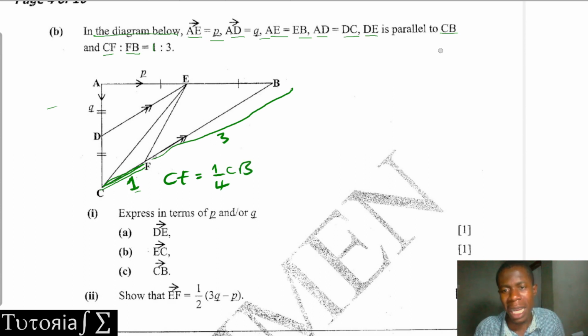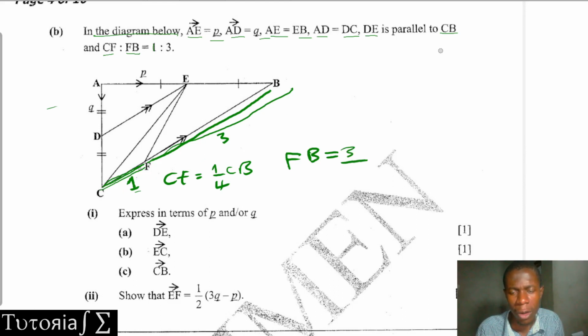Same applies to FB. The ratio of FB is 3 over the total ratio, which is 4, of CB. So this is just some information that you should know about the ratios here.